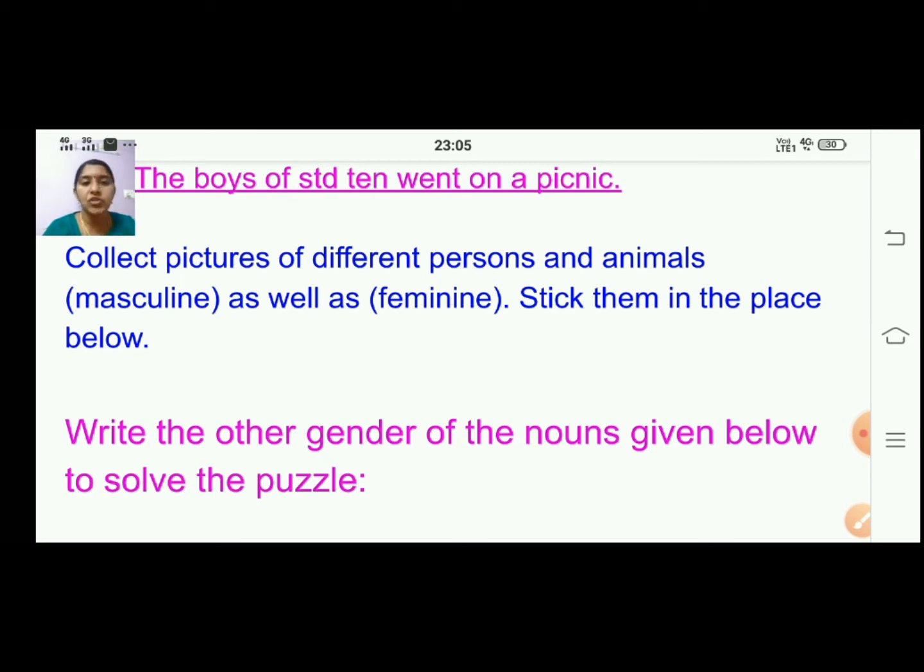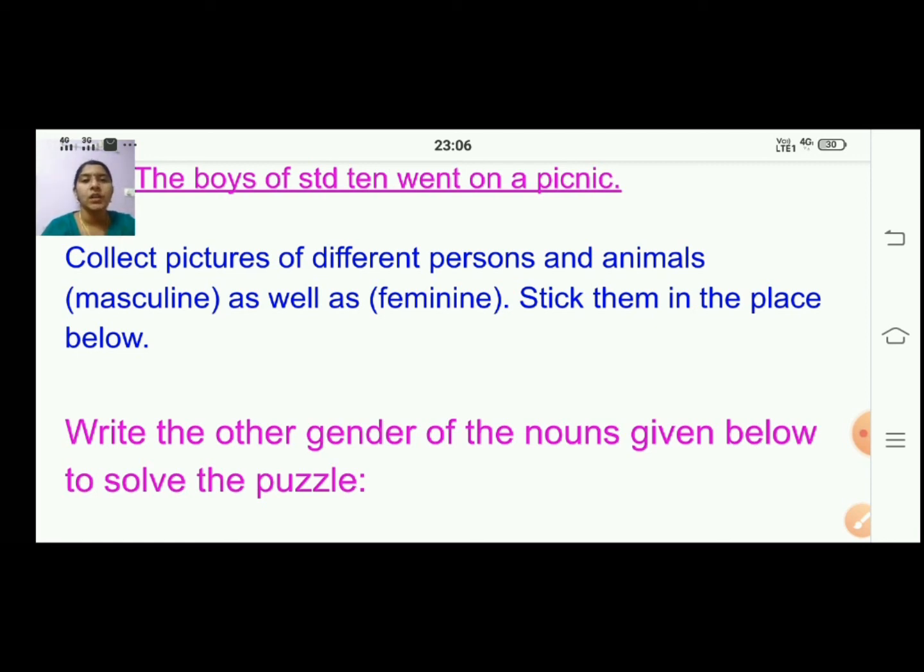You will be given some clue. For example, they would have given women in the clue box, and you will have an empty box. So the opposite gender of women will be man. So you have to fill up the spelling of man in the box, right? With the help of the clue, finish it. Try to finish up that homework. This will be your homework for today's class.